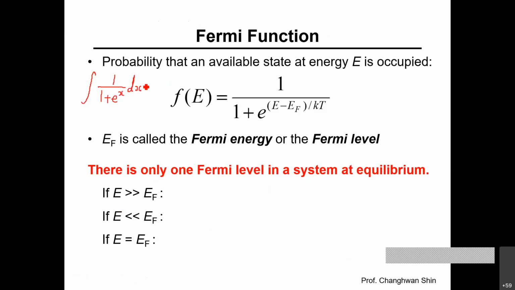Can you solve this integration problem by hand? That is not easy, but this equation is quite simple, right? So this 1 plus term is kind of a troublemaker when you are solving this integration problem.